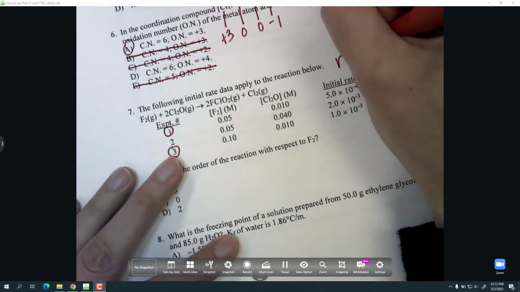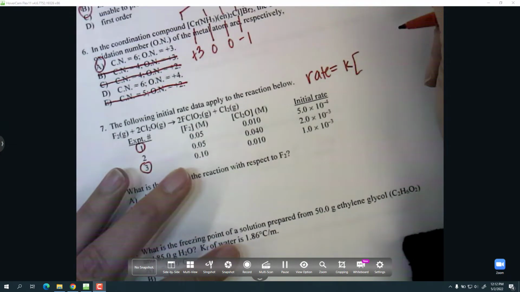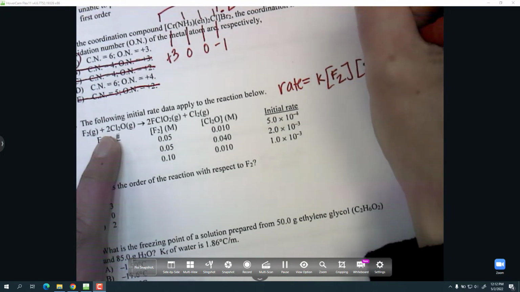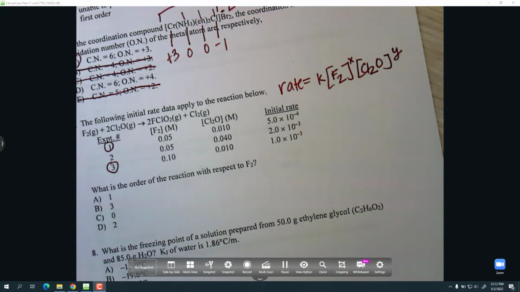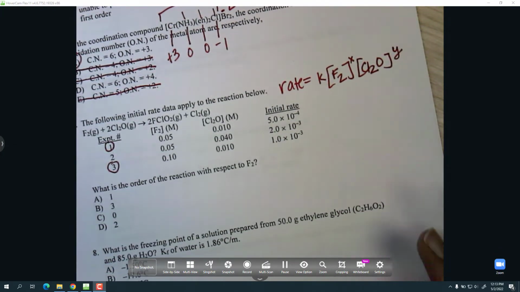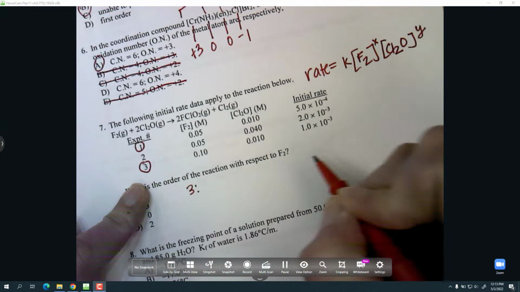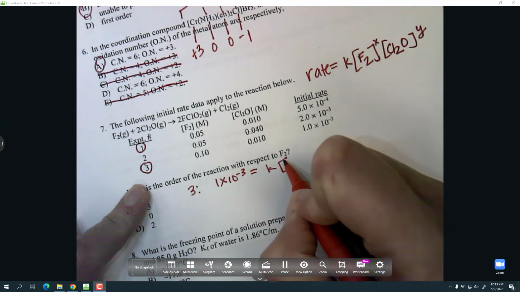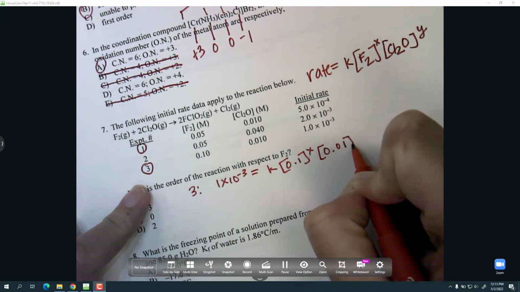Remember, the rate law for a reaction looks like rate equals rate constant times reactants raised to unknown stoichiometric coefficients. So that's what I'm going to plug into. I'm going to do number 3 first since it's the bigger rate. So number 3, I get 1 times 10 to the minus third equals k times 0.1 to the x times 0.01 to the y.